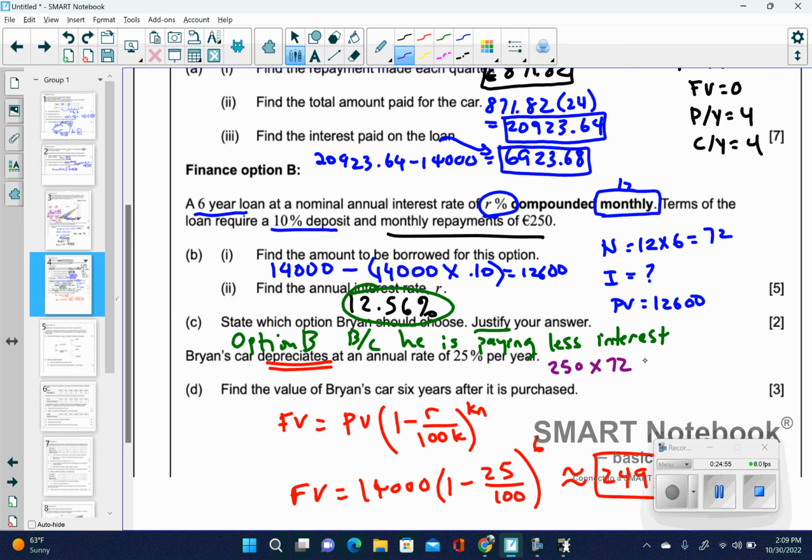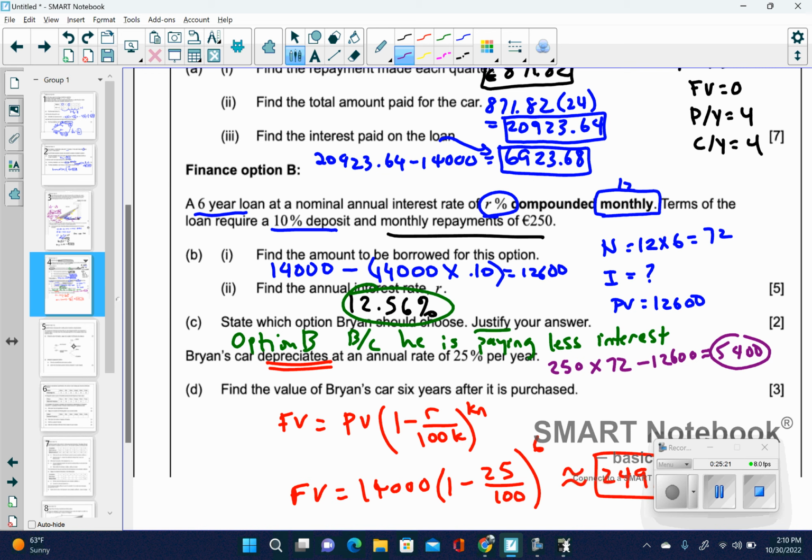And then from that, we subtract the 12,600 that he's borrowing, to find out how much interest he's paying. So that interest is about 5,400, right? And we can see that 5,400 is less than 6,923. So that's another reason why option B is less.